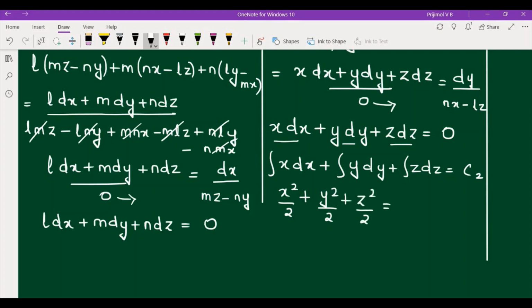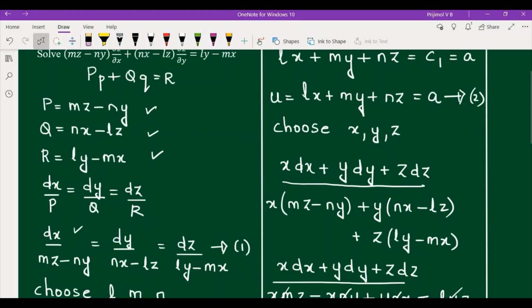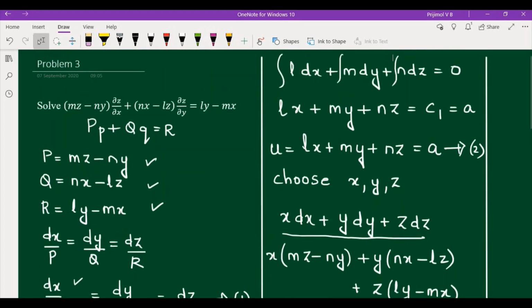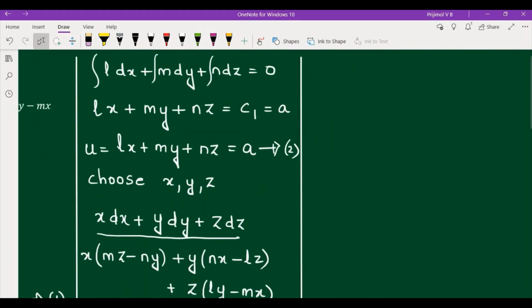Since you have a common denominator, we can write it as x square plus y square plus z square, the whole divided by 2, equal to c2. I bring that 2 to the right hand side. So x square plus y square plus z square equal to 2c2. I can call this constant b. See, we have got another solution.